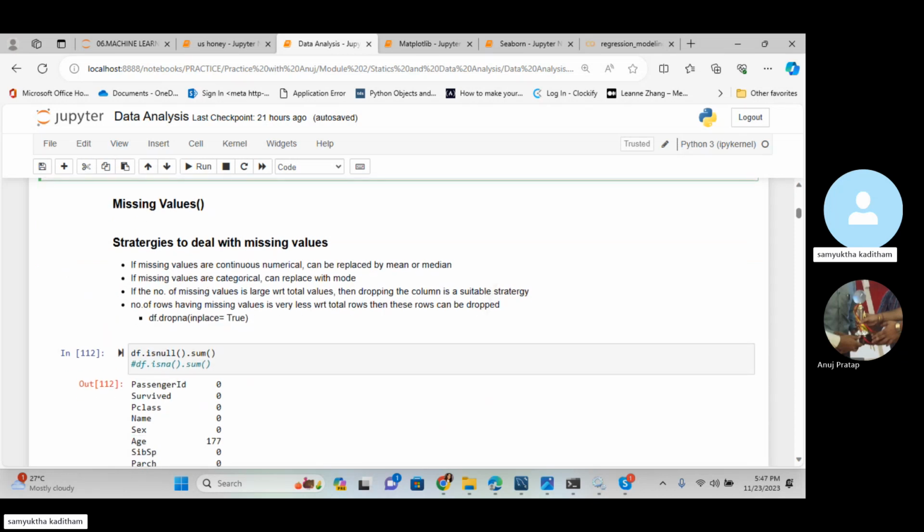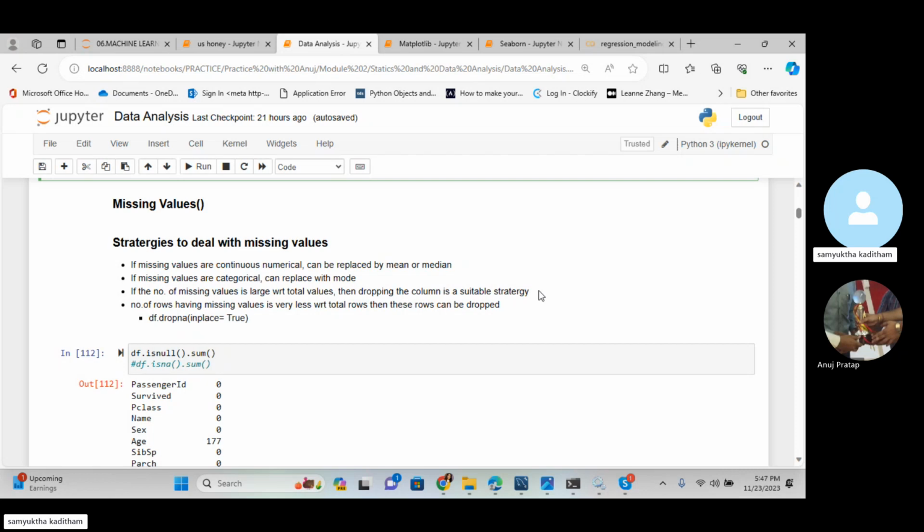Then missing values. There are some strategies for missing values. If missing values are continuous numerical, then we can replace them by mean or median. If they are categorical, we can replace with mode. If the number of missing values is large with respect to total values, then dropping the column is a suitable strategy. We have to cross check whether we really need the column.